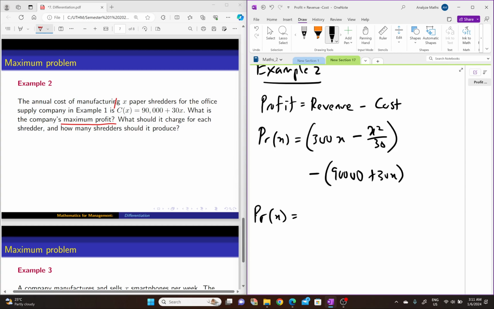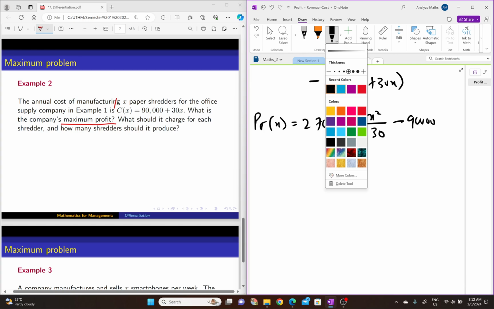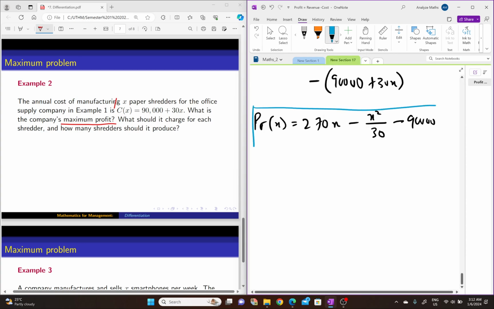If you simplify this, you will get 270x minus x squared over 30 minus 90,000. That is the first step, finding the profit. What do they want? The company's maximum profit. For that we need to find the x value.